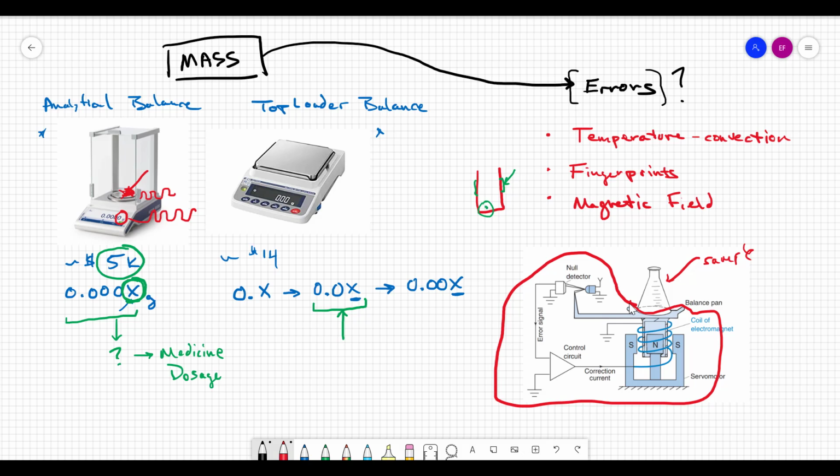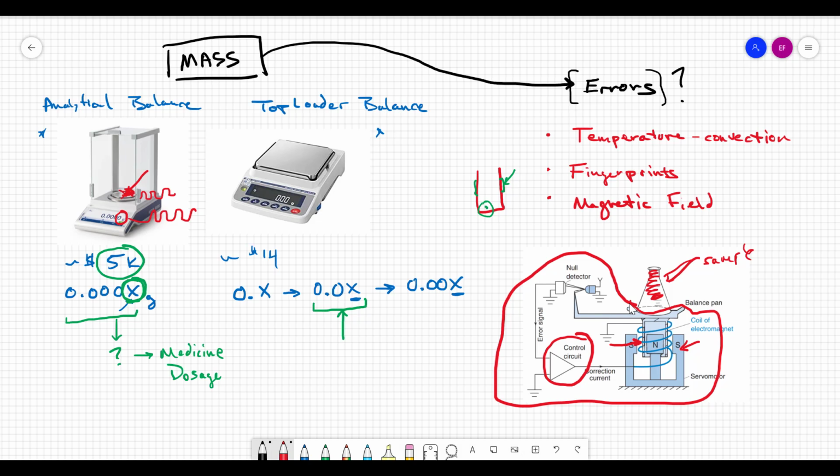So generally what you have is an electromagnet, which is a coil of usually copper wire passing a current around a magnet. And that magnet is sitting inside of another static magnet. And so as this mass is added, this electromagnet is going to adjust its current so that it sits directly in the center of the magnet.